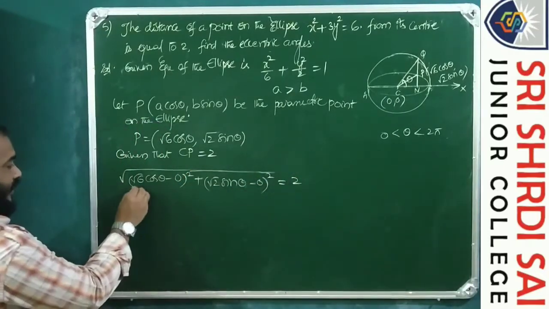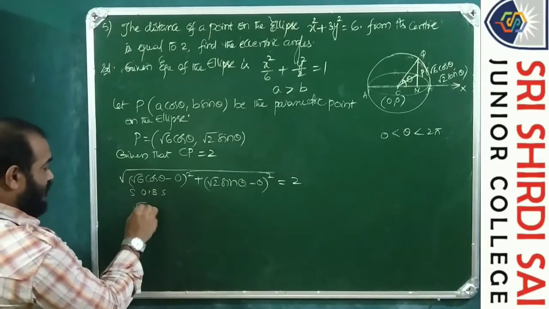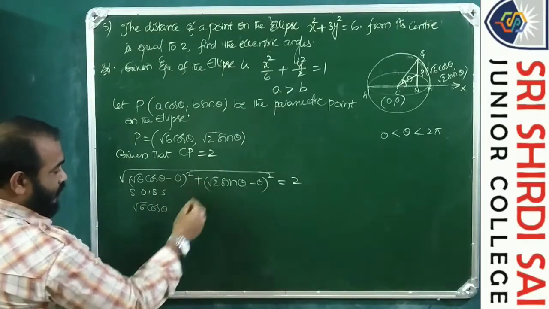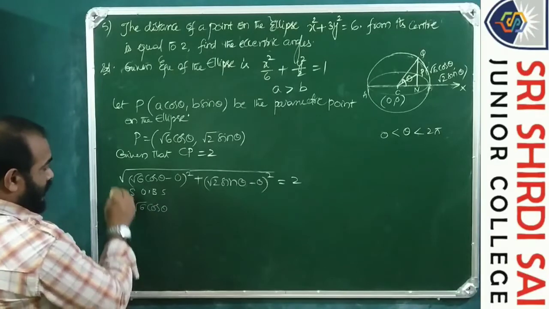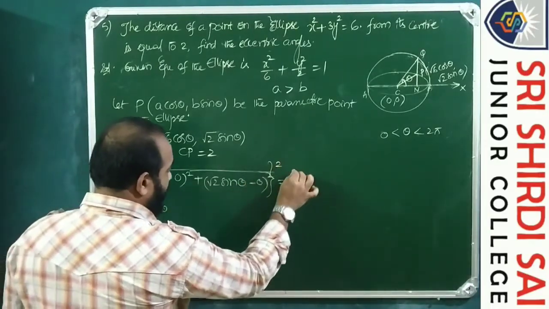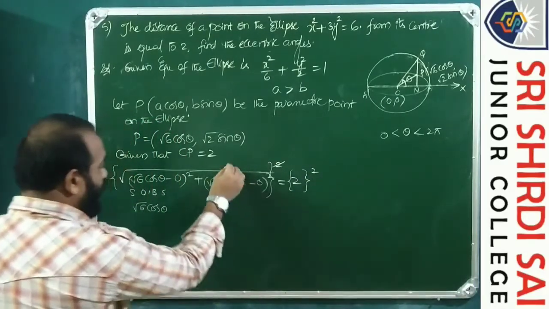So squaring on both sides, this square and root get cancelled.